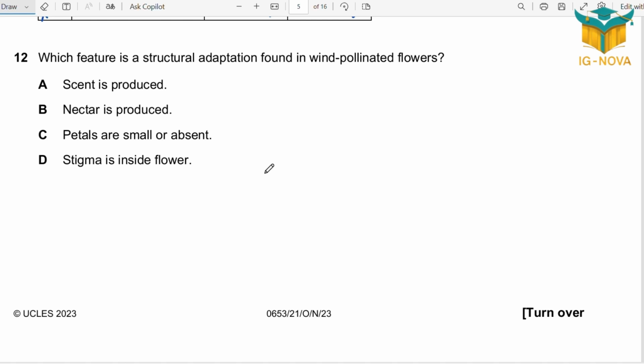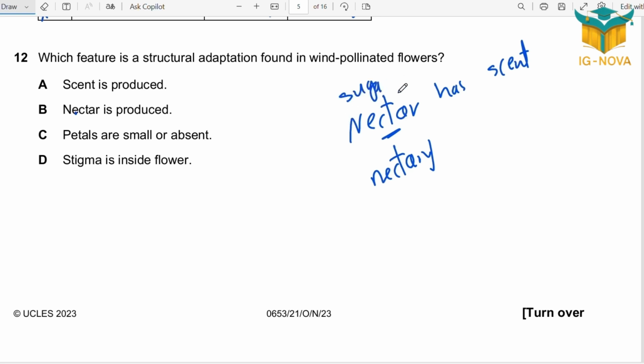Question 12. I think the second last question in biology. Scent, nectar. Nectar is a sugar material, has a good scent, and is produced by the nectary. So don't forget, nectar is a sugar and the nectary is a gland to produce nectar.